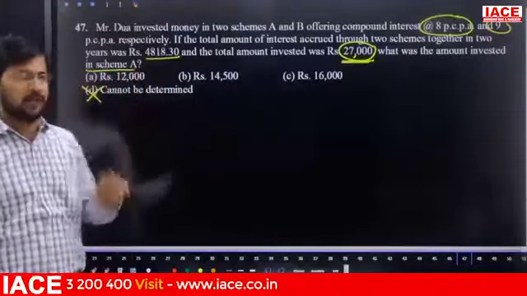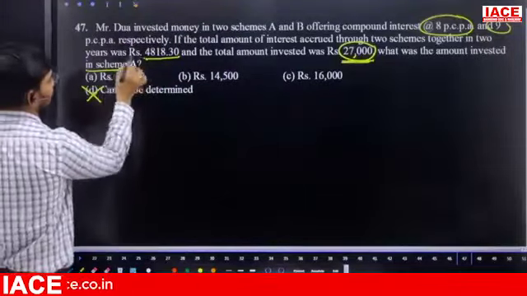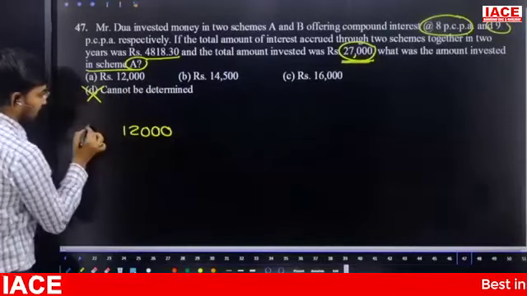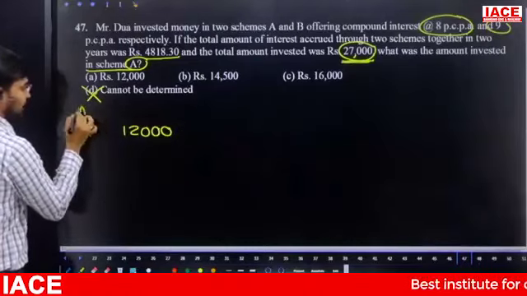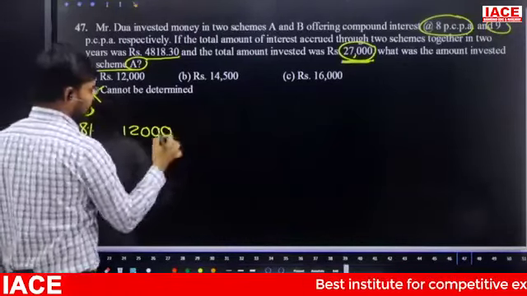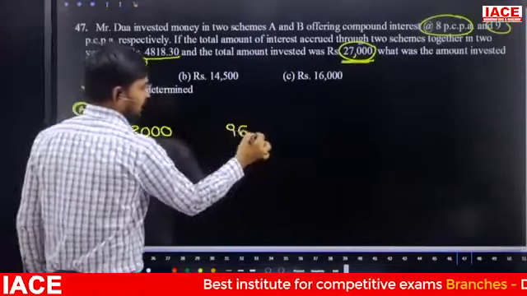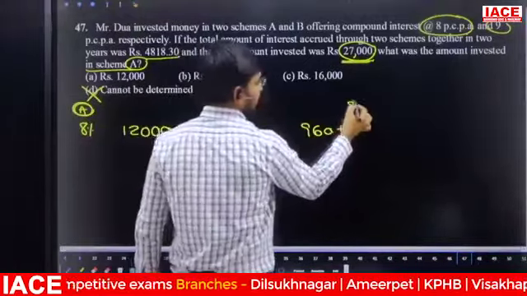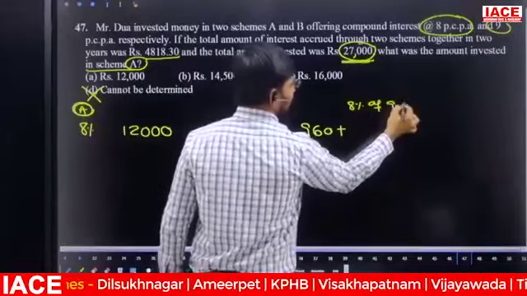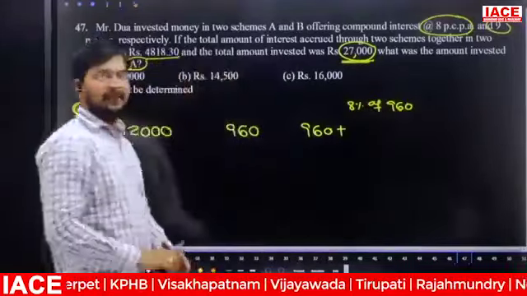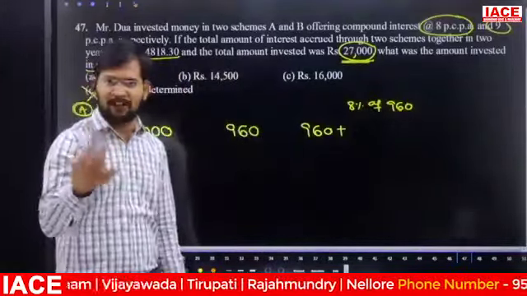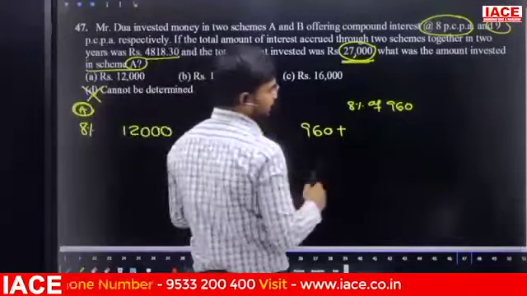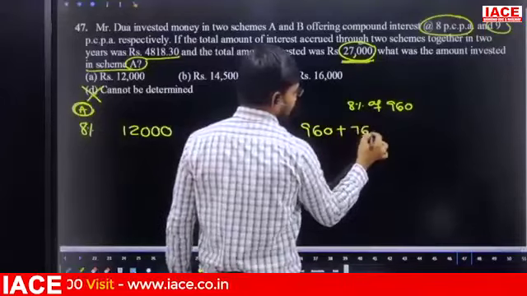ఓకేనా అండి? డోంట్ వరీ. సో 12,000 తీసుకుంటాను. స్కీమ్ ఏలో 12,000 తీసుకుంటే ఫస్ట్ స్కీమ్ ఏలో రేట్ ఆఫ్ ఇంట్రెస్ట్ ఇస్ 8%. 8% ఫస్ట్ ఇయర్ ఇంట్రెస్ట్ ఇస్ 960. సెకండ్ ఇయర్ ఇంట్రెస్ట్ ఇస్ 960 ప్లస్ 8% of 960. 1% is nothing but 9.6. 8% is nothing but 8 9s are 72, 8 into 0.6 is 4.8, so 76.8.